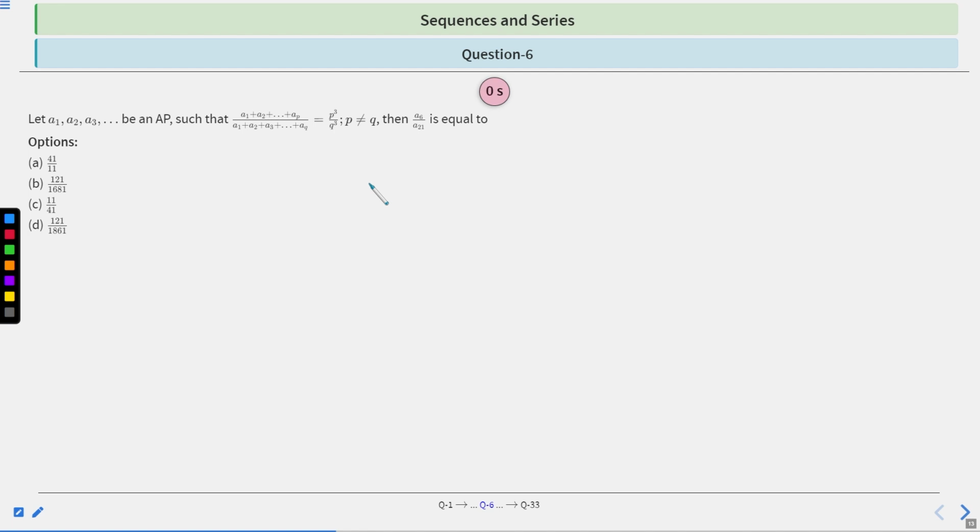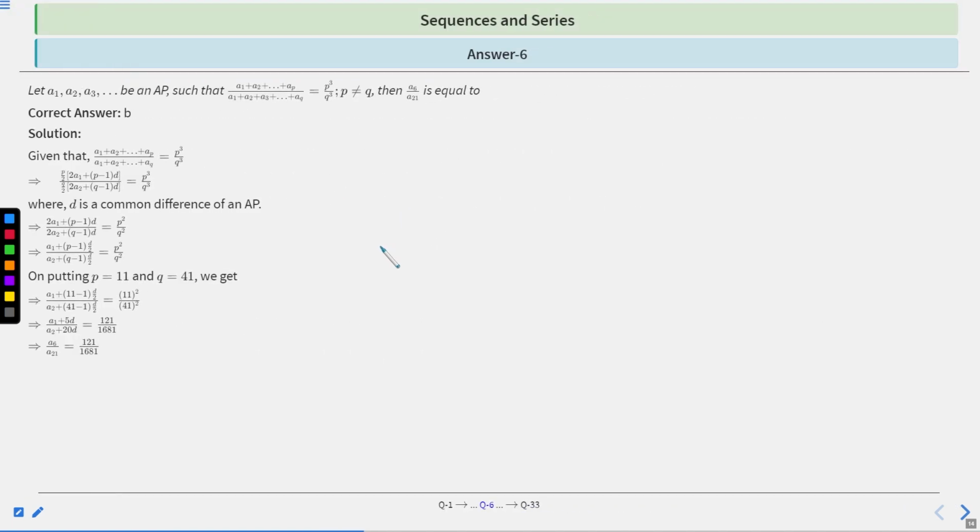Okay. So given that (A1, A2 till AP) upon (A1, A2 till AQ) is P squared upon Q squared. So let's find this sum. As this is in AP and there are P terms in the numerator and Q terms in the denominator, it will be P upon 2 into (2A1 plus (P minus 1) into D) upon Q upon 2 into (2A2 plus (Q minus 1) into D) is equal to P squared upon Q squared, where D is the common difference of the AP.